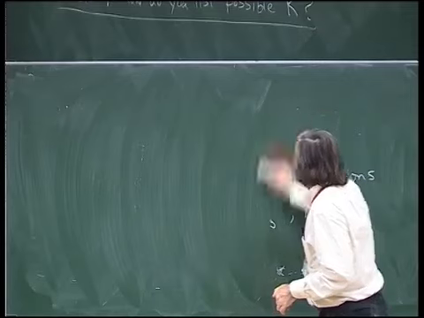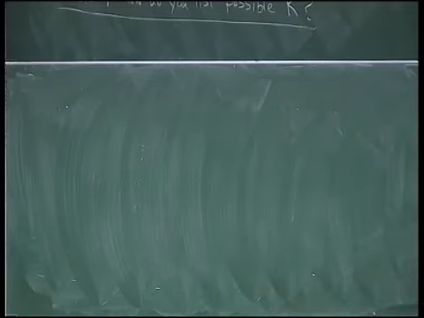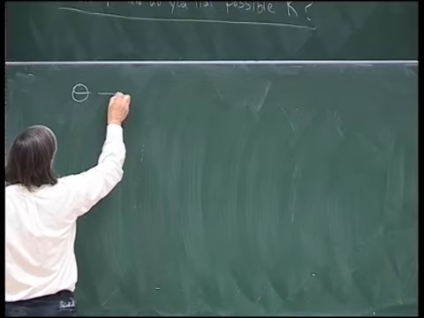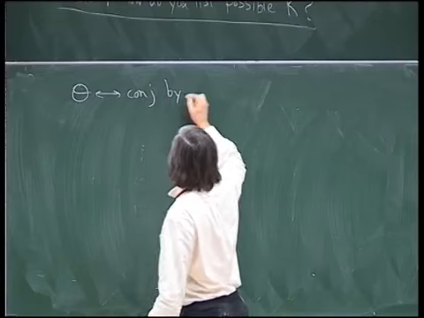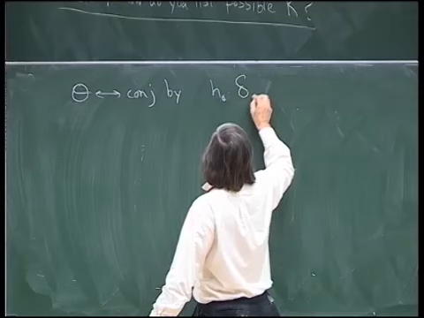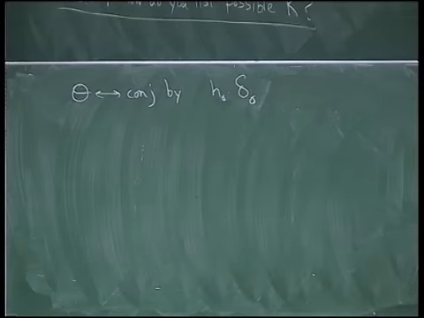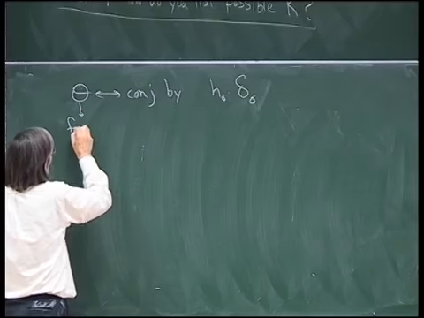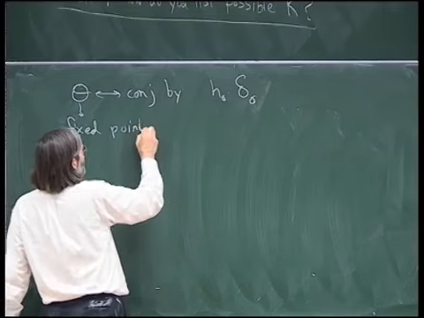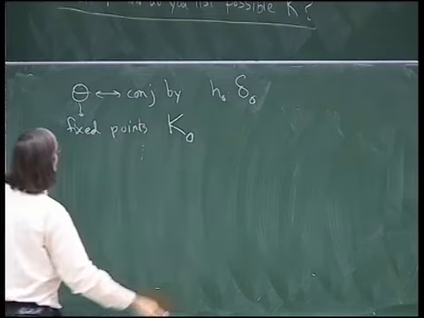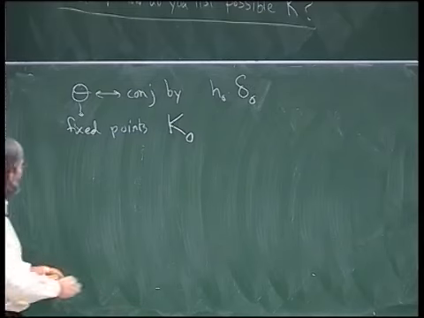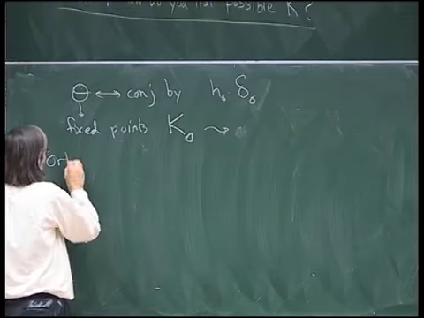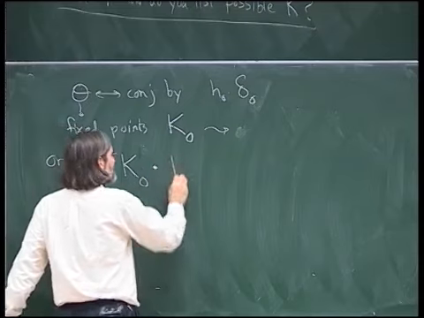The idea: so I have this theta, which is conjugation by something like this, and so there's this fixed form K naught, and so I have some orbit like this.